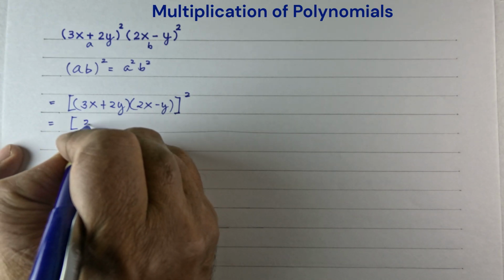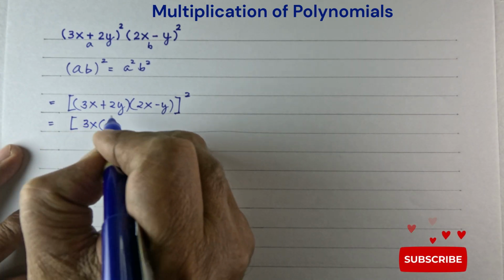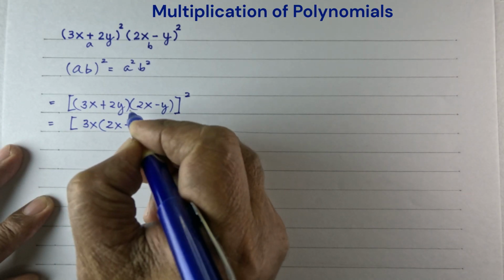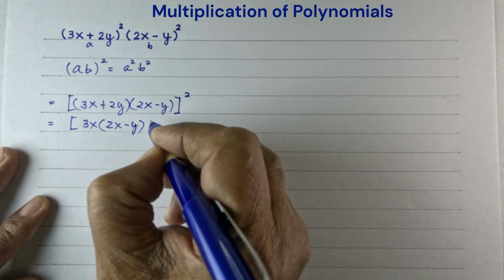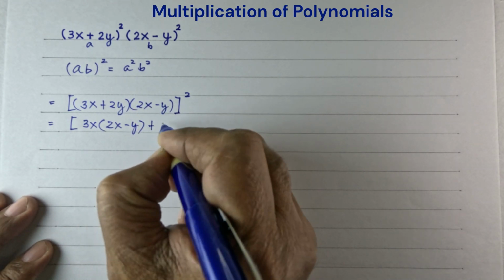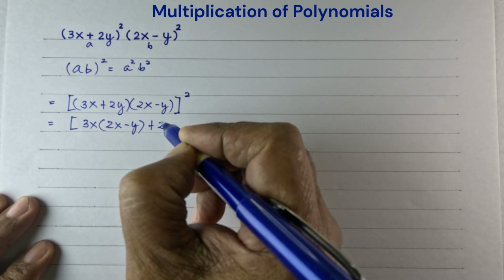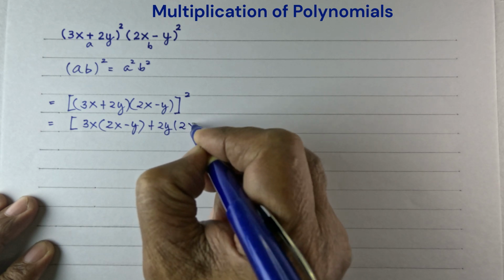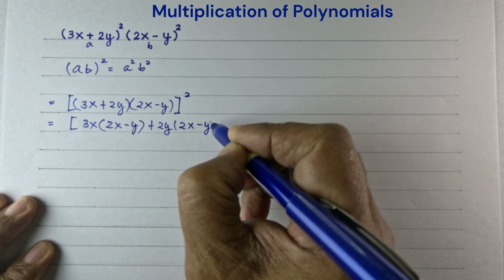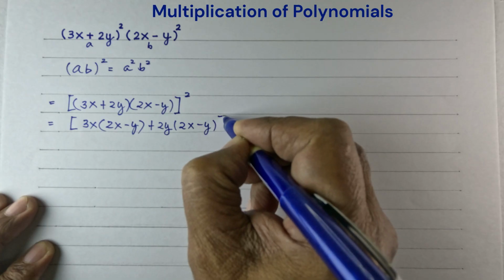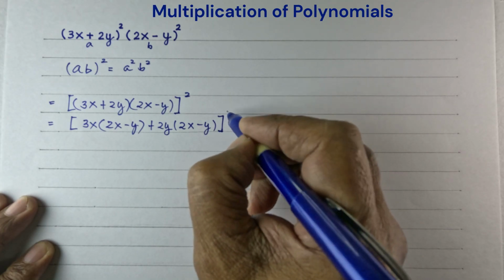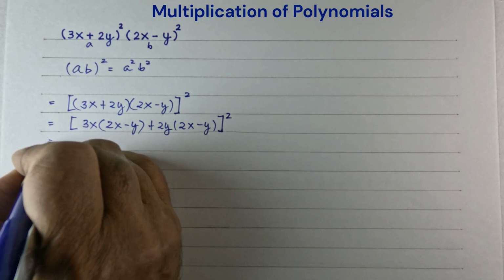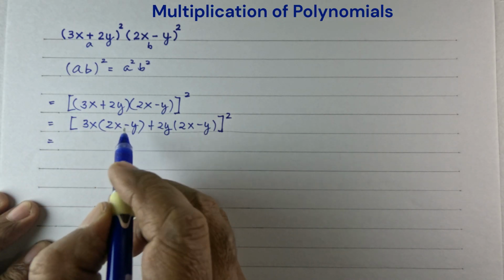So that's 3x times 2x minus y, plus 2y times 2x minus y, quantity squared. So let's multiply by distribution.